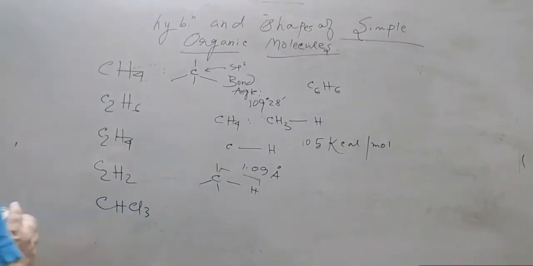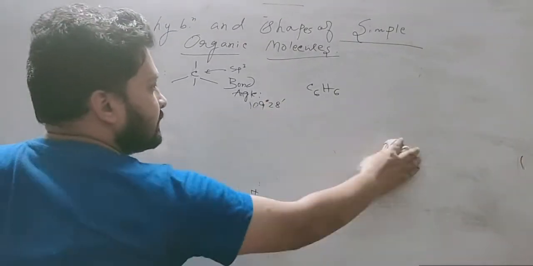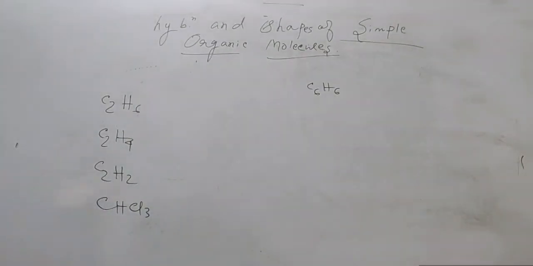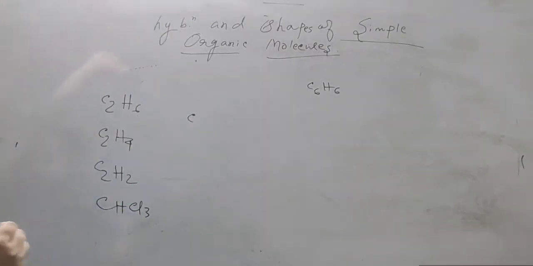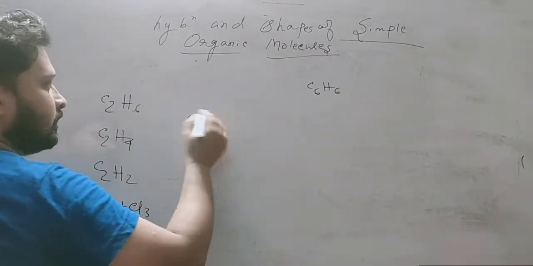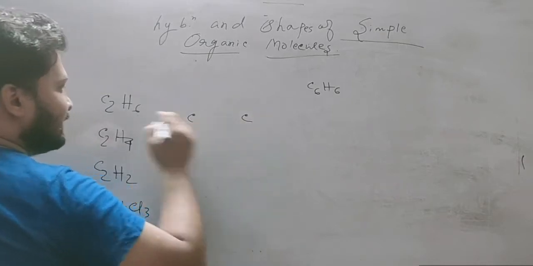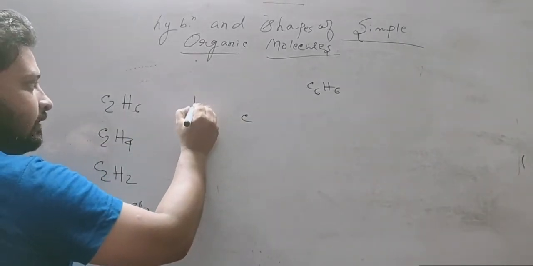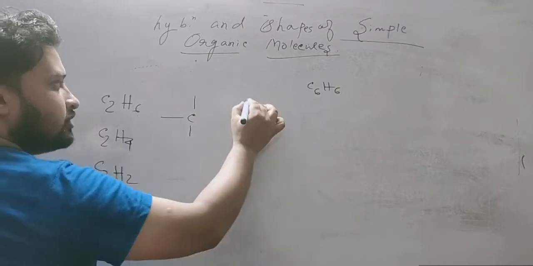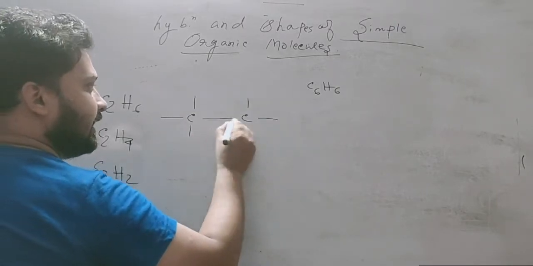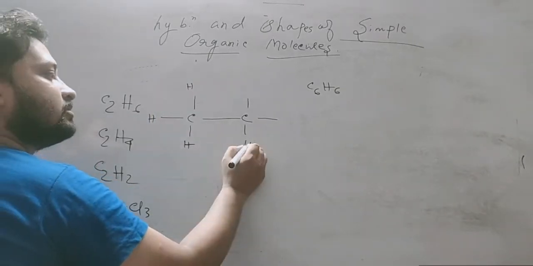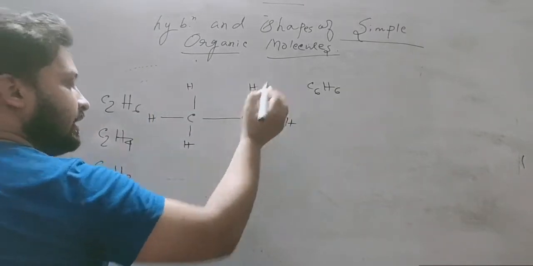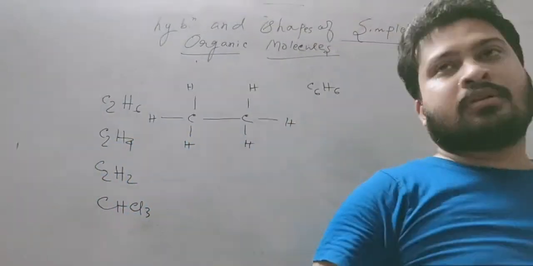Let's talk about the second molecule, that is C2H6. C2H6 means C bond C, with H6.